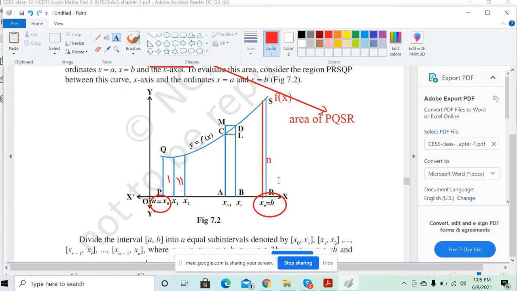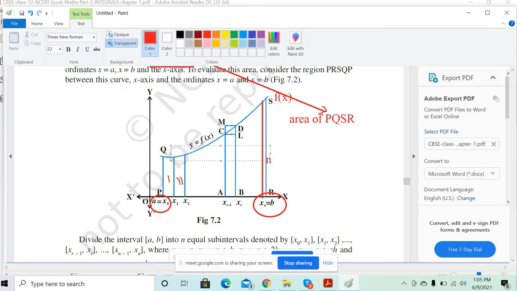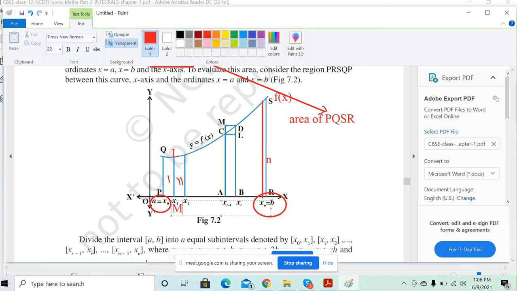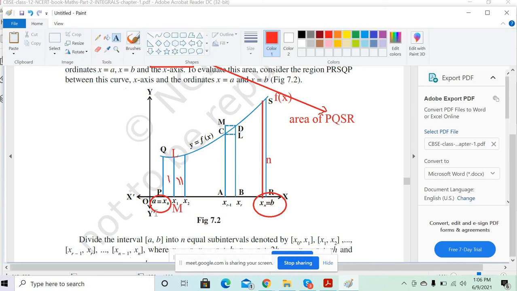So what we have done is divide this into small strips. These strips will be close to a rectangle, isn't it? If I say this is Q, this is L, and this is M, then QPML is a rectangle, isn't it?